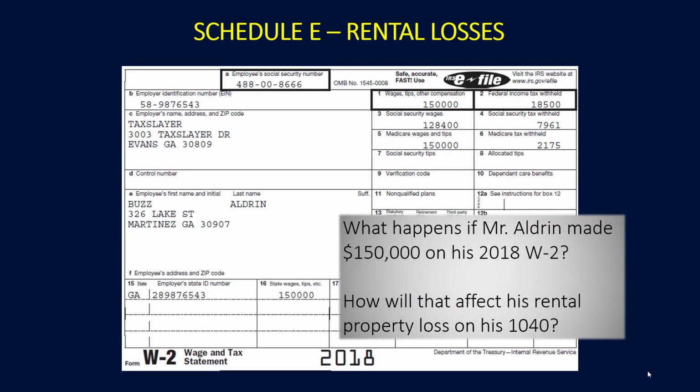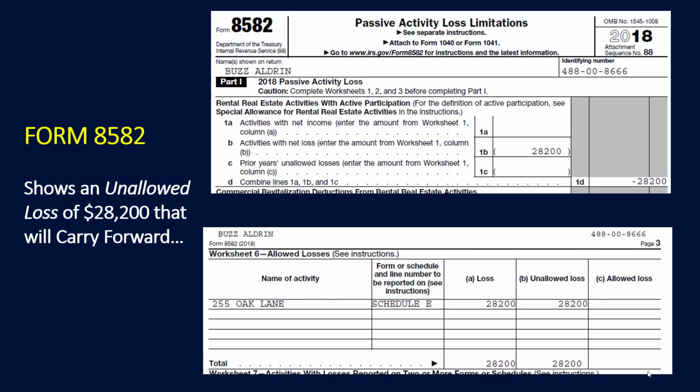So what happens if Mr. Aldrin made $150,000 on his 2018 W-2? How's that going to affect his rental property loss on his 1040? Well, let's take a look. The 8582 now shows an unallowed loss of $28,200 that will carry forward.